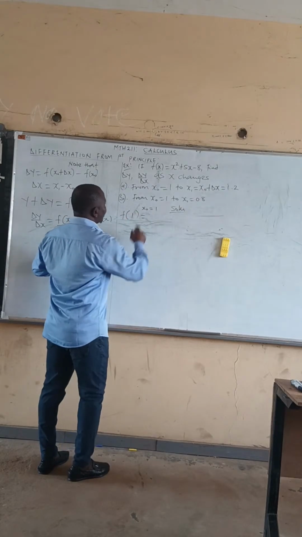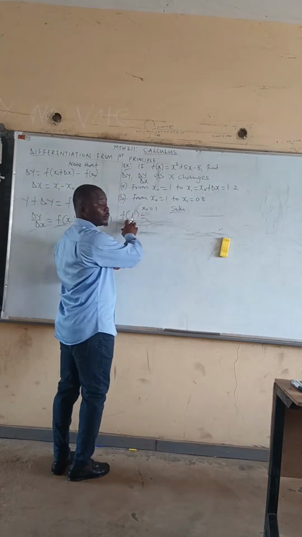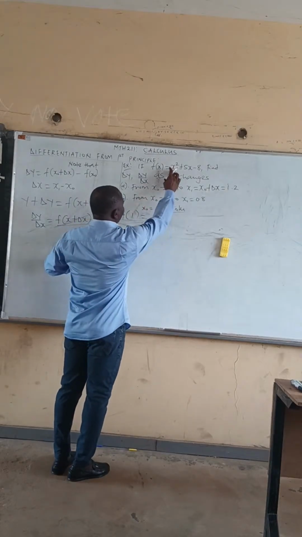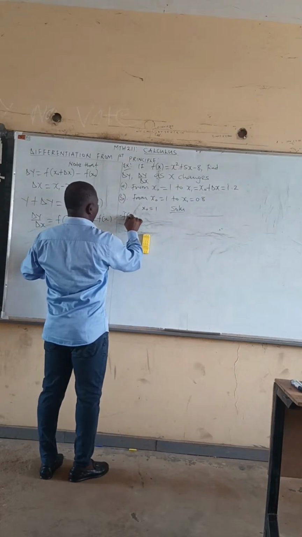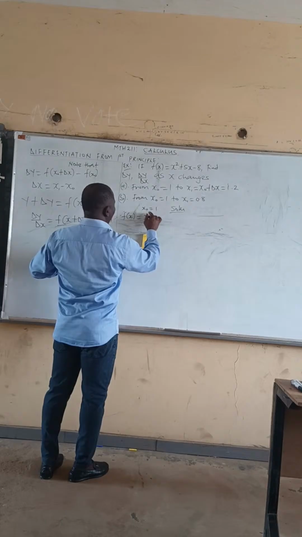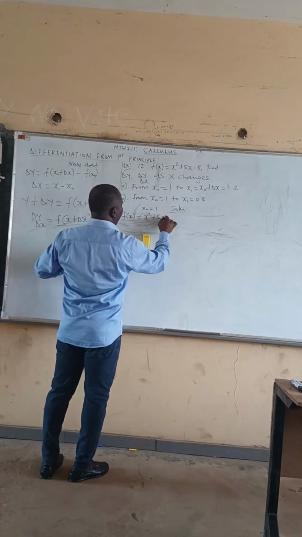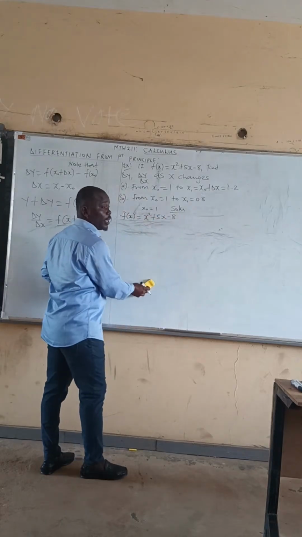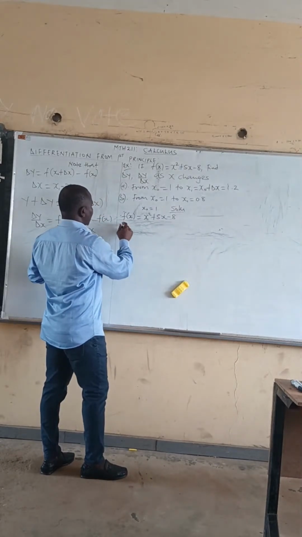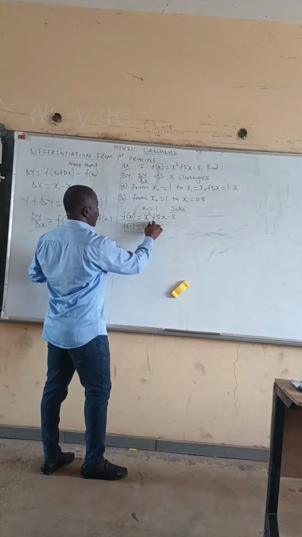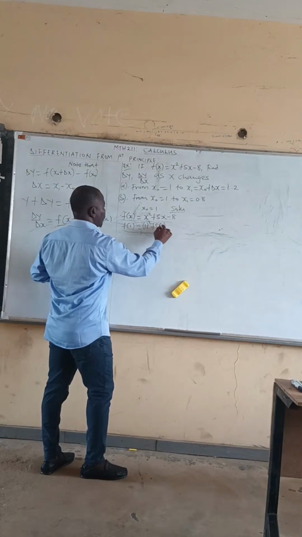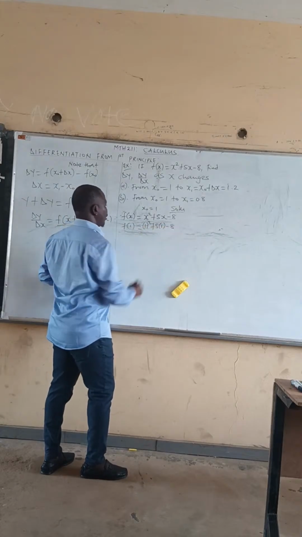So now f of 1 will be equal to the function here. Our f of x is equal to x squared plus 5x minus 8. So our f of 1 will now be equal to 1 squared plus 5 times 1 minus 8. True or false?